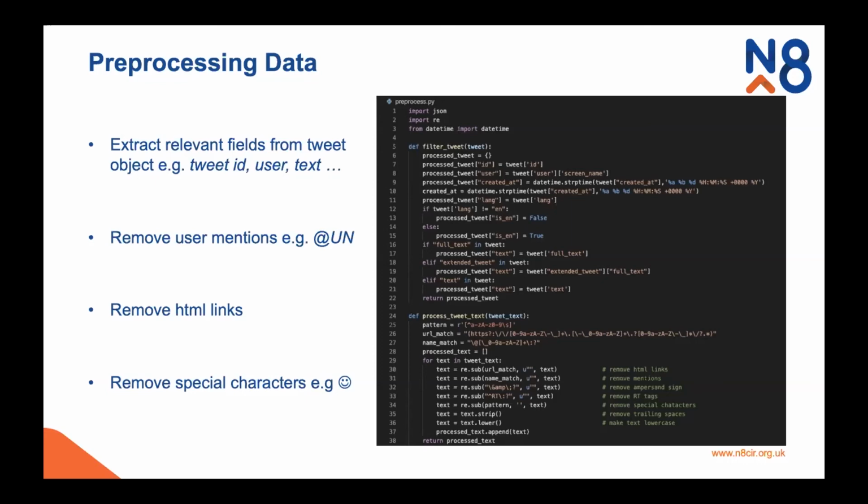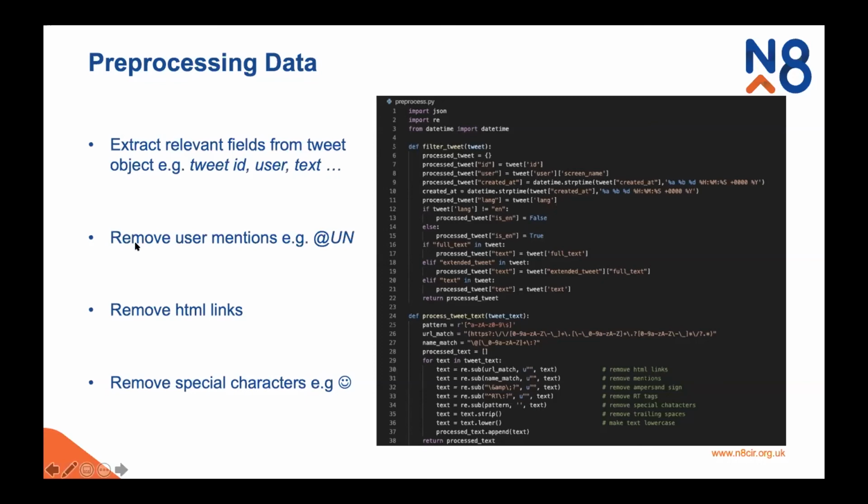We might not be interested in some of them. We might only be interested in some relevant fields from the tweet object, such as the tweet ID, the user, the text, and things like this. So here is a function to filter a tweet. From the JSON objects, I am filtering just the ID, and that's what I'll be using to process my data.